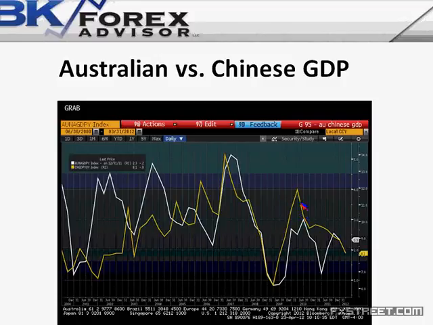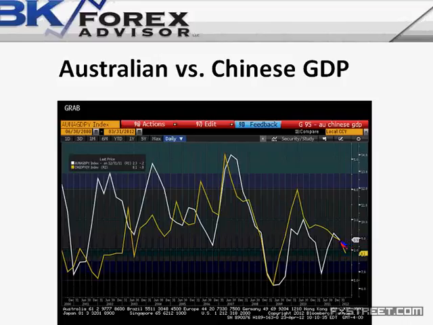But since then, the Chinese GDP growth has only gotten slower and slower. Basically, at the beginning of 2010, the Chinese economy was expanding at an annualized rate of 12%, and the latest GDP report we had from China showed growth of only about 8.1%.